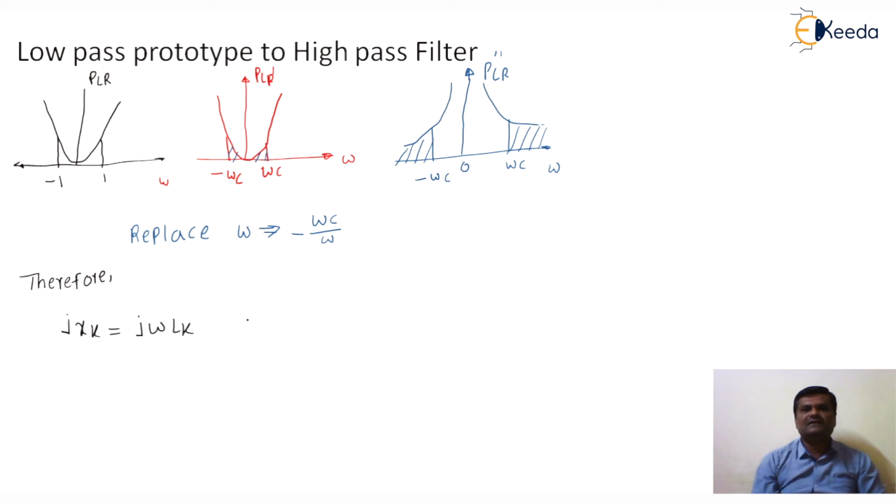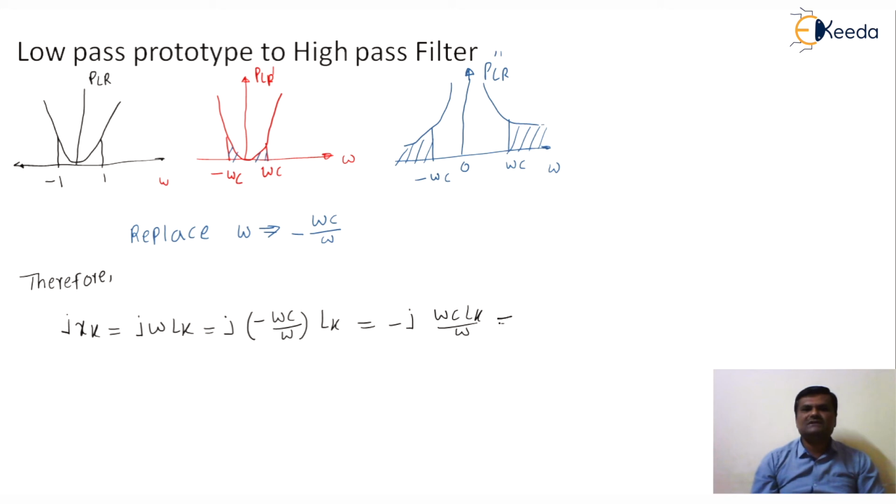Replace omega by minus omega c by omega, so we write j times minus omega c by omega times Lk. Right here it becomes minus j omega c Lk by omega.